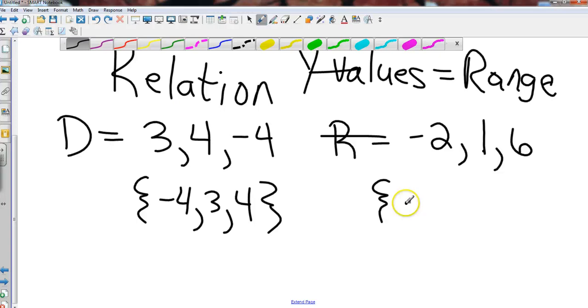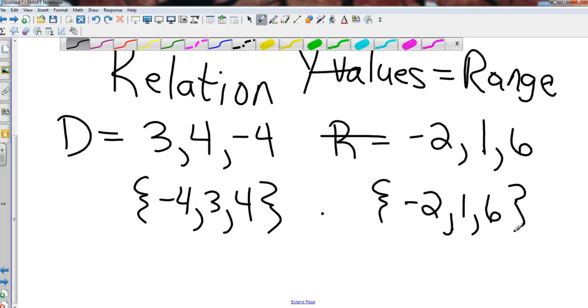That's going to be negative 2, 1, and 6. Oop, not a very big nose on that one. Oh well. Okay, you don't have to get too creative. If you just want to put them in parentheses, I'm not going to count them wrong. If you want to have some fun with it and try to put a little nose on your parentheses, that's cool too. Okay, so domain and range listed in order from least to greatest.